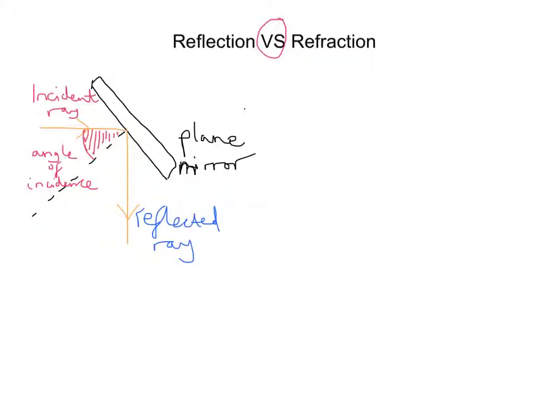The angle of incidence is always between the incident or incoming ray and the normal. So you might be able to guess that this angle here, that I'm colouring in blue, that angle there represents the angle of reflection. The angle of reflection is always between the reflected ray and the normal.